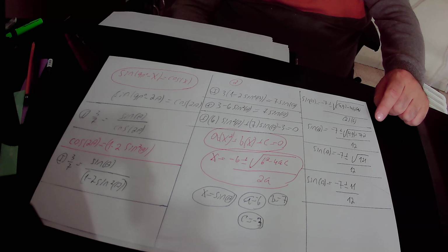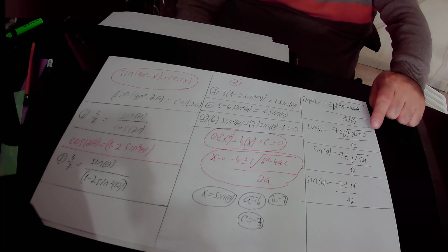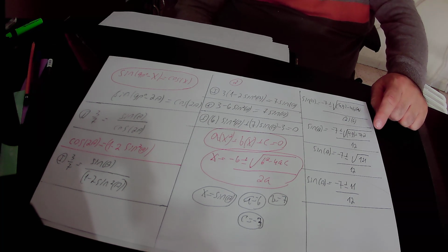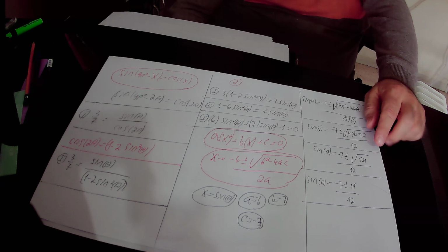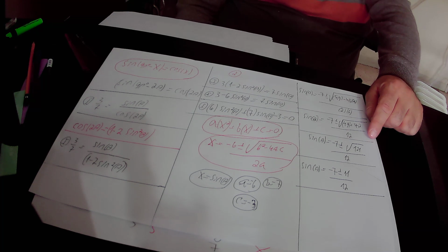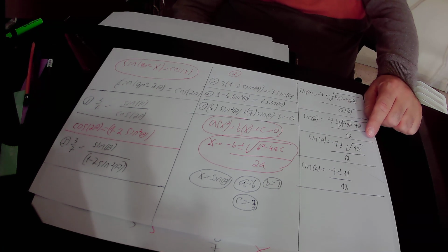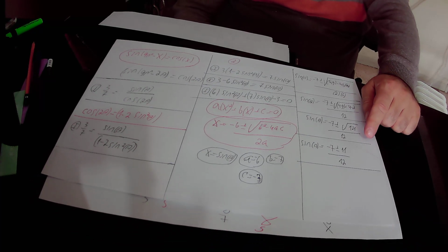So sine theta equals minus 7 plus or minus the square root of 49 plus 72, over 12. 49 plus 72 is 121, so sine theta equals minus 7 plus or minus the square root of 121 over 12. The square root of 121 is 11, so sine theta equals minus 7 plus or minus 11 over 12.